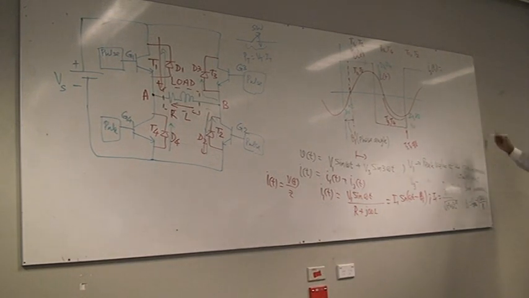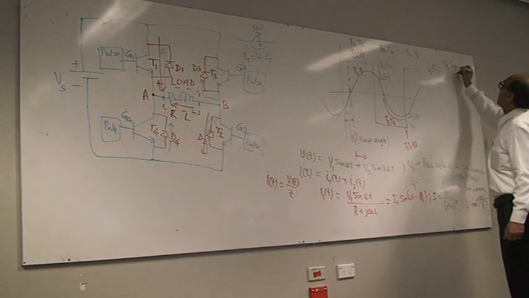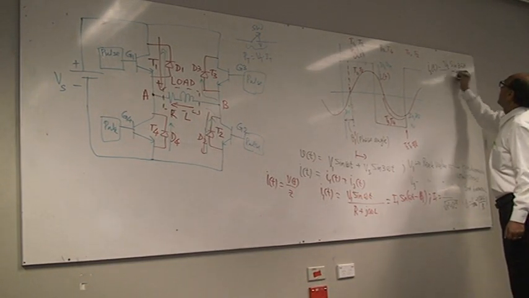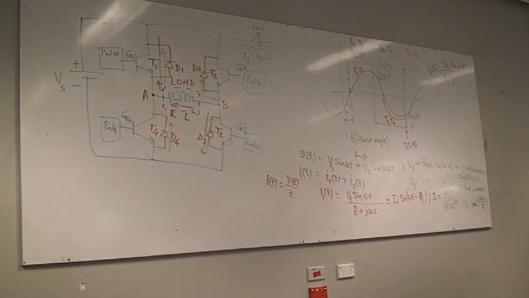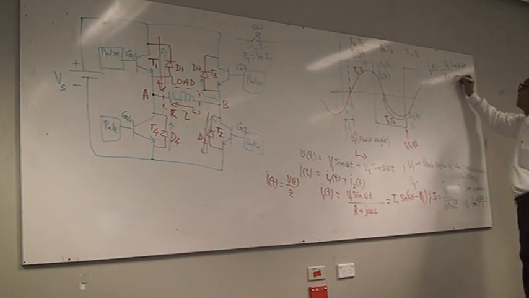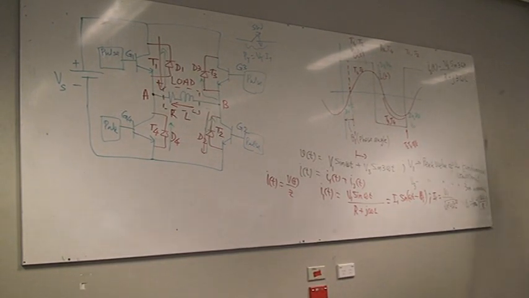I3 will be V3 sine 3 omega t by R plus j 3 omega L. Okay? 3 omega L. You have to take the frequency of the third harmonic. The third harmonic has a frequency 3 times F. So you have to take 3 omega L.